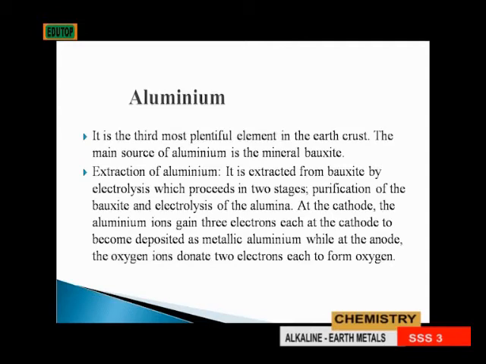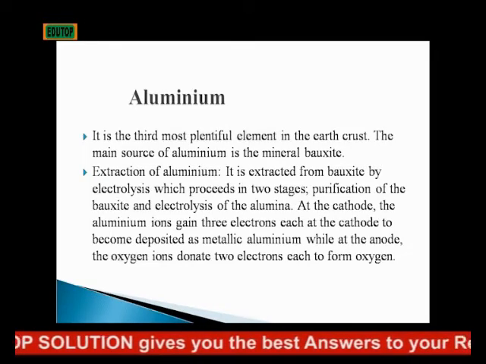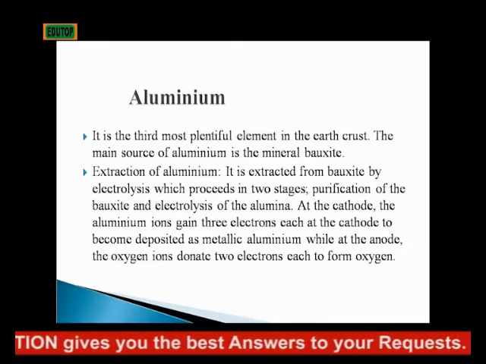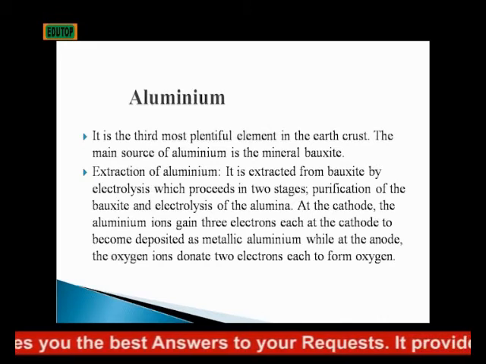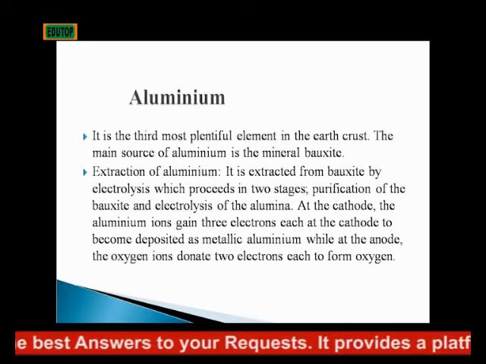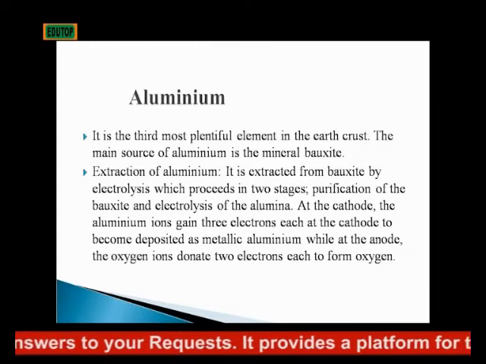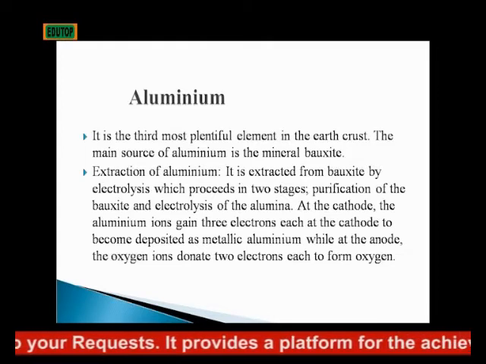Extraction of aluminium. It is extracted from bauxite by electrolysis, which proceeds in two stages. One, purification of the bauxite, and the second is electrolysis of alumina.